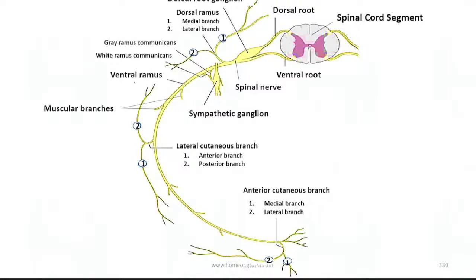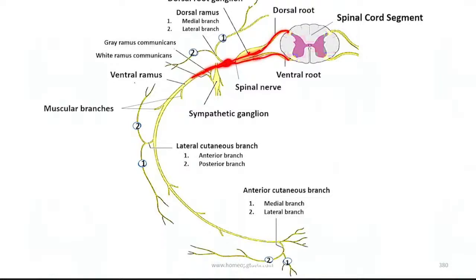Each spinal nerve has two roots, a dorsal root and a ventral root, and these join together to form a spinal nerve.